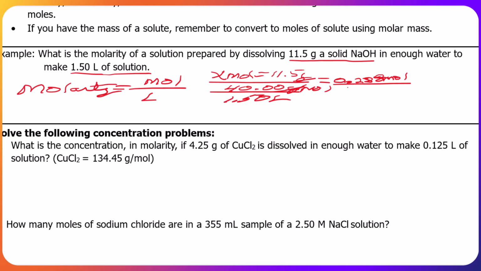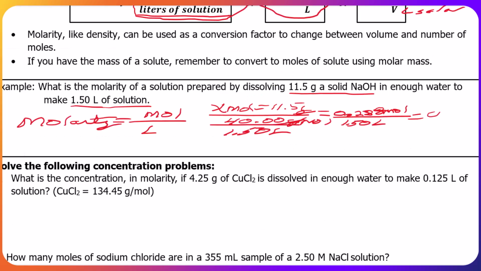So I'm just going to put my 1.50 liters down here and do the division. I'll divide by 1.5, and that gives me 0.192 capital M, which is our symbol for molarity.